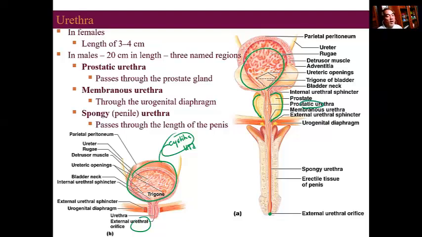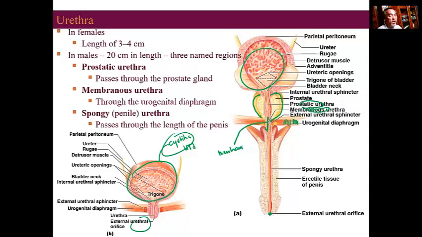Then it travels through the urogenital diaphragm, a muscle that holds your external genitalia. Since it goes through the muscle located below the anus and below the penis, that part is called the membranous urethra.